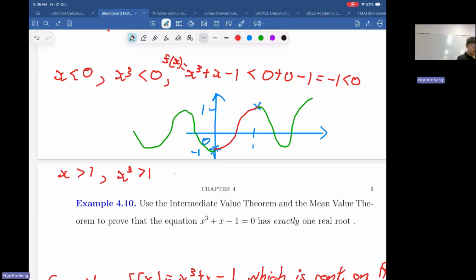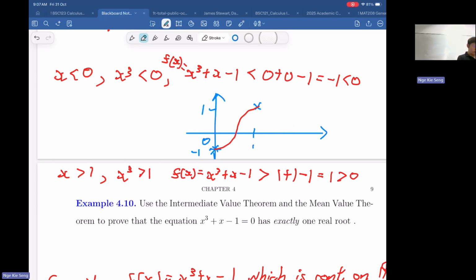So f(x) equals x cubed plus x minus 1 is strictly greater than 1 plus 1 minus 1, which is 1, which is greater than 0. So after x greater than 1 or before x less than 0, this graph wouldn't be intersecting y equals 0. So we are good. Make sense? Obviously, you can also use injectivity.